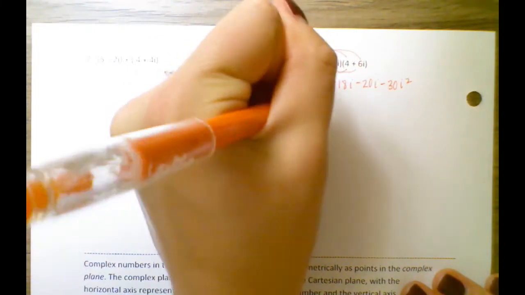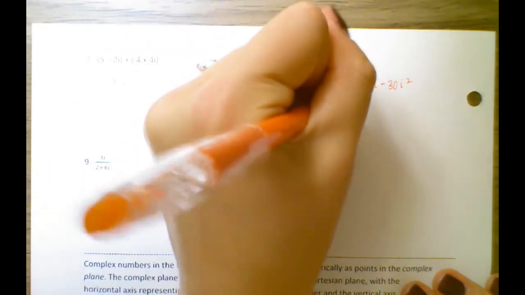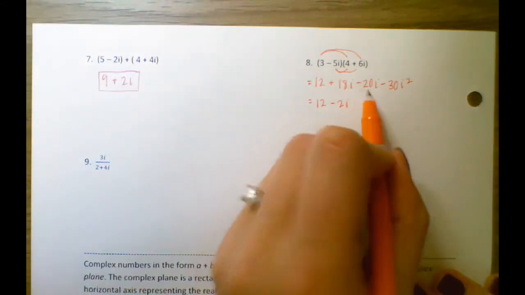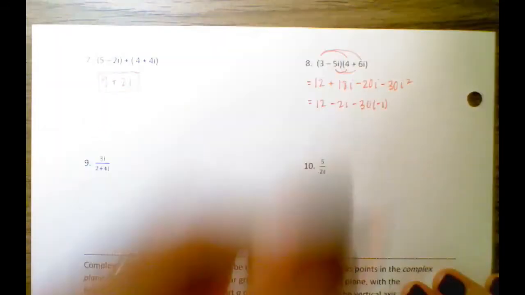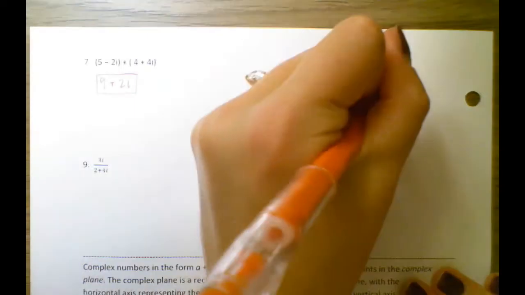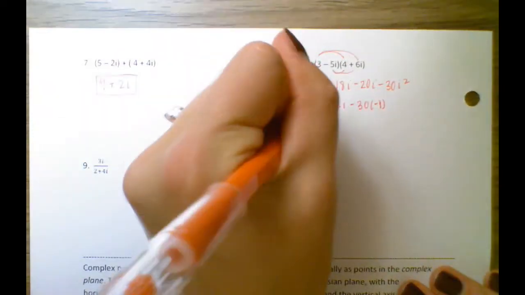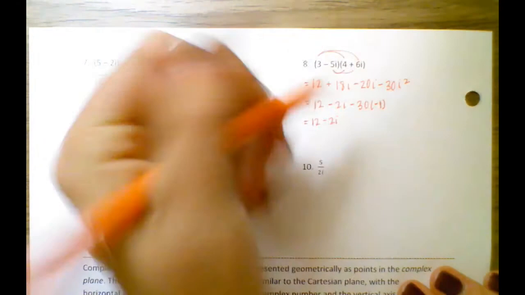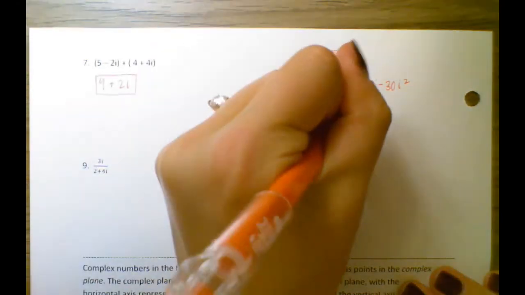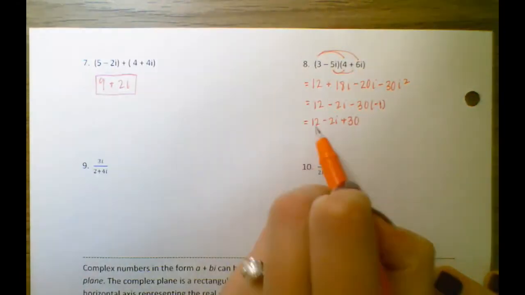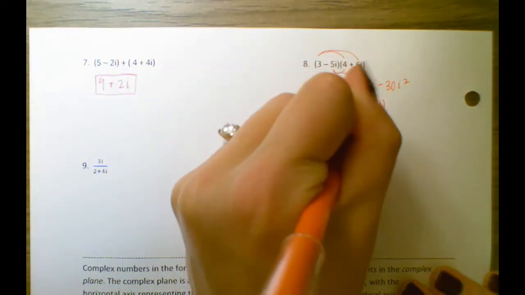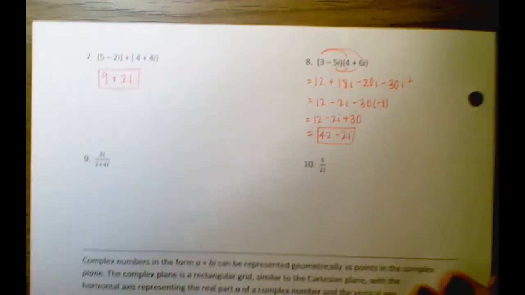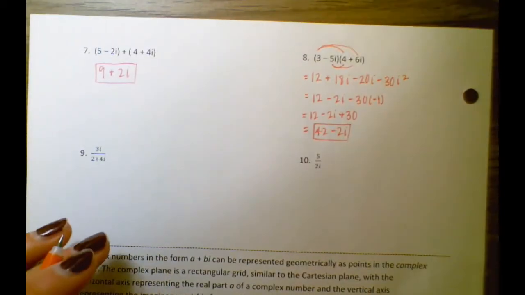All right, so then now I have 12 minus 2i, 18i minus 20i is negative 2i, minus 30, but i squared equals negative 1, so I'm going to substitute that negative 1 in for that i squared right there. Okay? So then now I've got 12 minus 2i, negative 30 times negative 1 is positive 30. And then I have 12 plus 30 that are like terms, so that becomes 42 minus 2i.